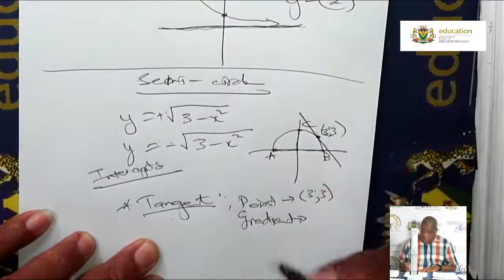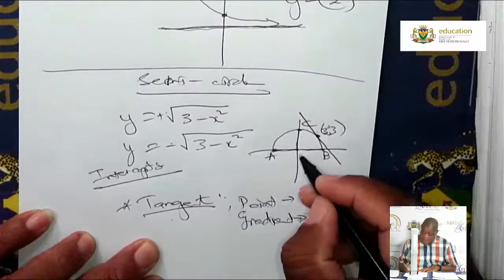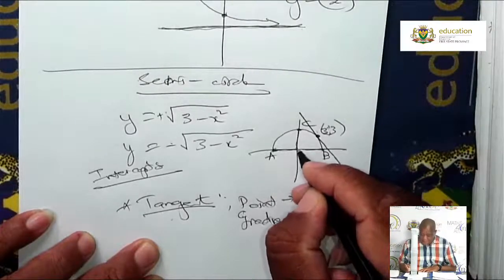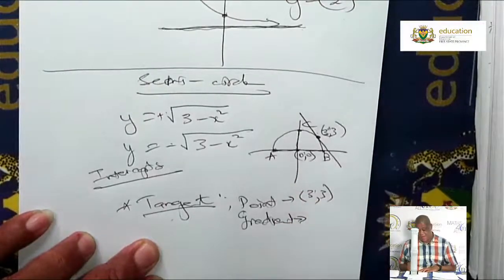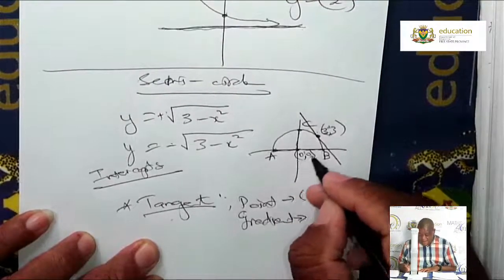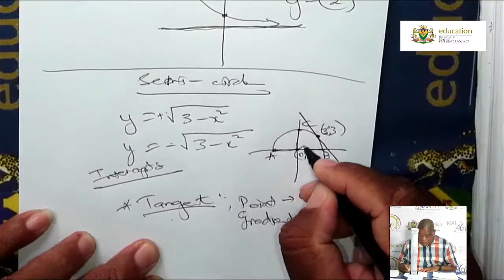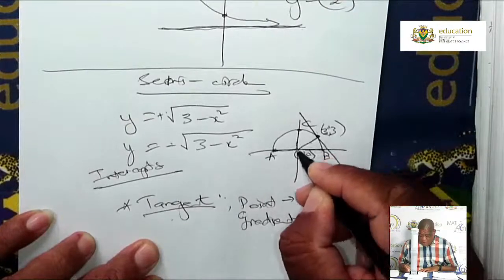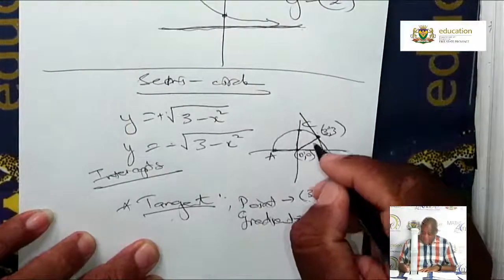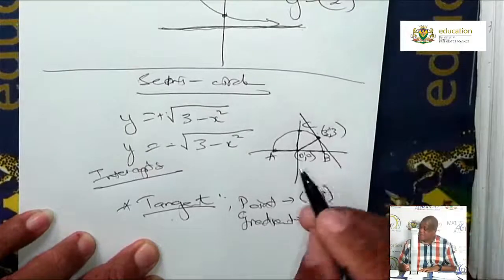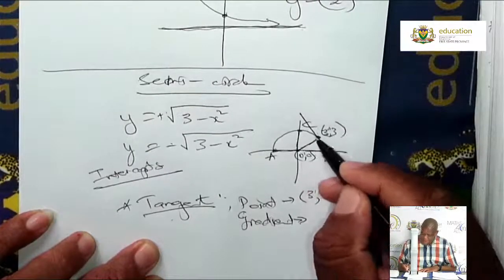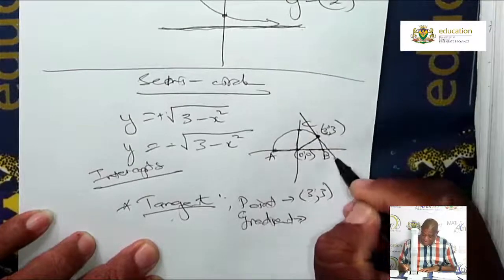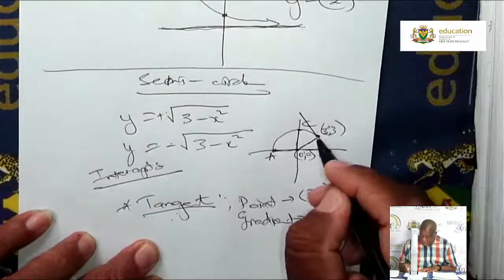To find that, let us not forget that it's a semicircle, and the center there is at the origin, (0, 0). That gives us a radius. That radius is touching our straight line, which is a tangent at that point.